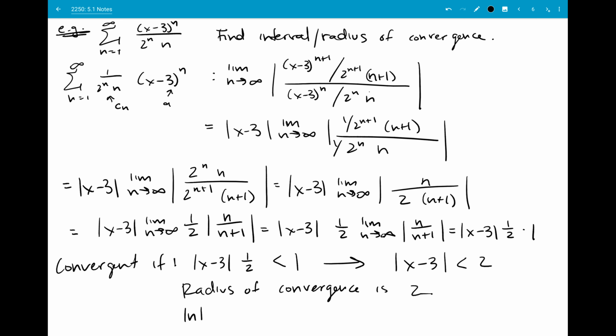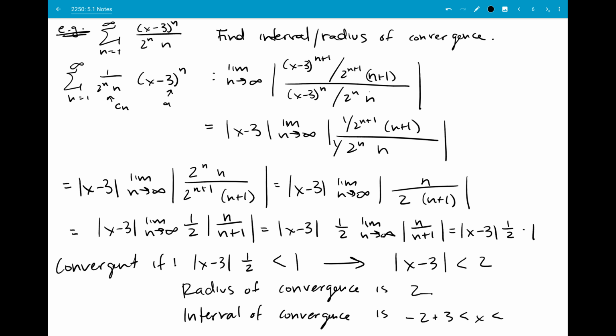If we want the interval of convergence, then we just have to expand this into an interval. So you'd say minus 2 is less than x minus 3 is less than 2, or minus 2 plus 3 is less than x is less than 2 plus 3.